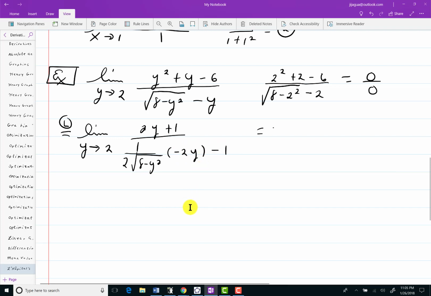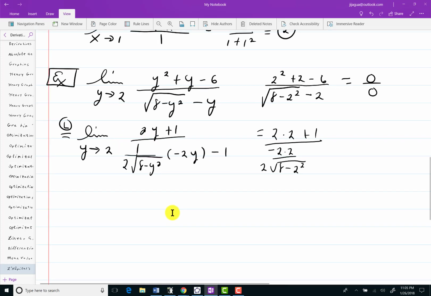I have 2 times 2 plus 1 all over negative 2 times 2 all over the square root of 8 minus 2 squared. Oh, I had a 2 down there also. I took this negative 2y and simply put it on top of this little fraction here.